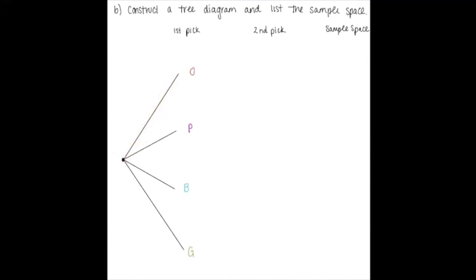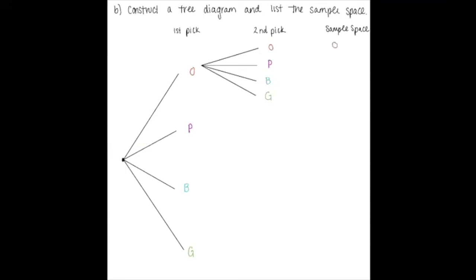Can select orange again, pink, blue, and green. Perfect. So you have all 4 colors again. So I can select orange, pink, blue, and green.